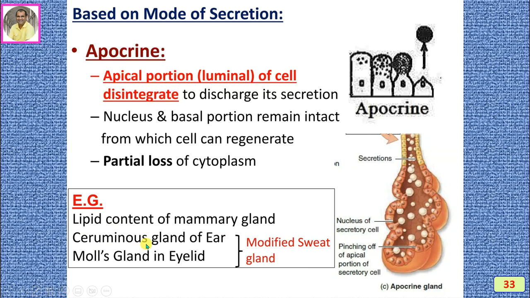So eyes are also going to produce the lacrimation through the lacrimal glands, and these are also called as the modified sweat glands. So here you can see that the nucleus of the secretory gland is embedded throughout the membrane and pinching above the apical portion of the secretory gland is going to secrete the content into the duct.